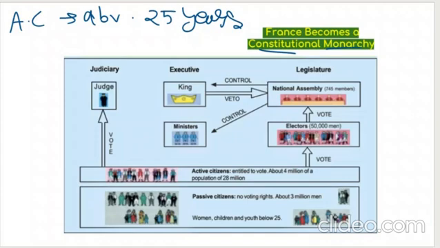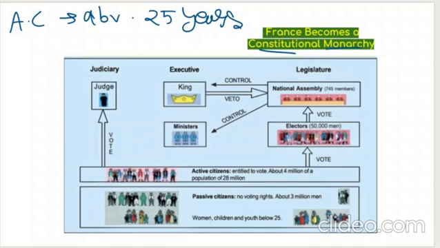Now who were passive? Passive citizens were the children, youth and the women. They were passive citizens because women weren't allowed to vote or participate in the government body. So those were the passive citizens.